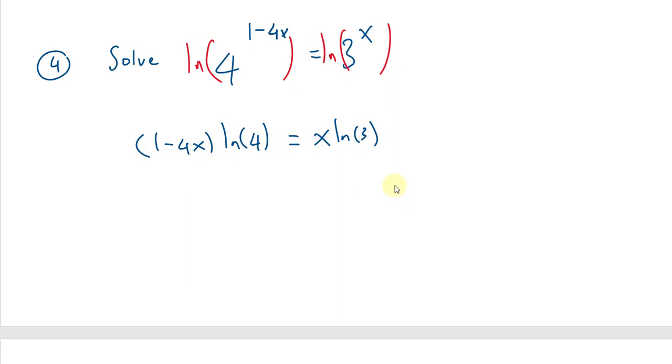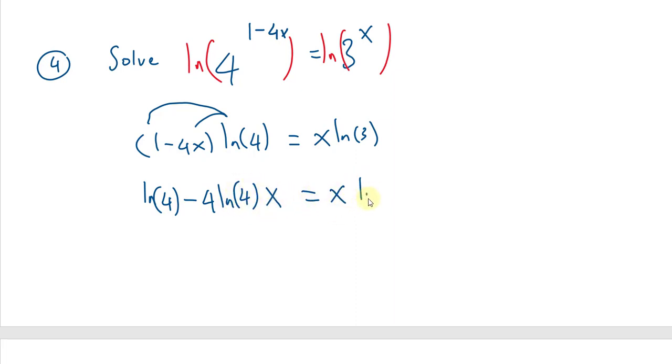Now let's make the distribution. We are solving for x, so let's distribute the ln 4 inside here. ln 4 times 1 is ln 4. ln 4 times minus 4x is minus 4x ln 4, and on the right, x ln 3. You are solving for x, so let's move all the x terms together on one side.